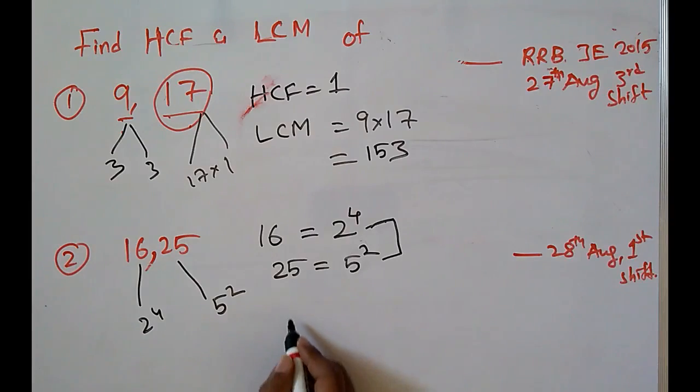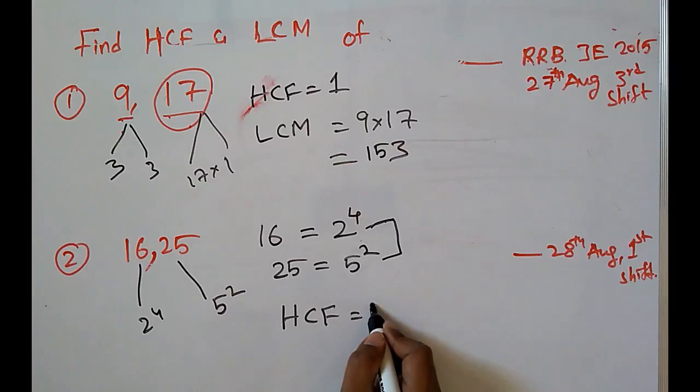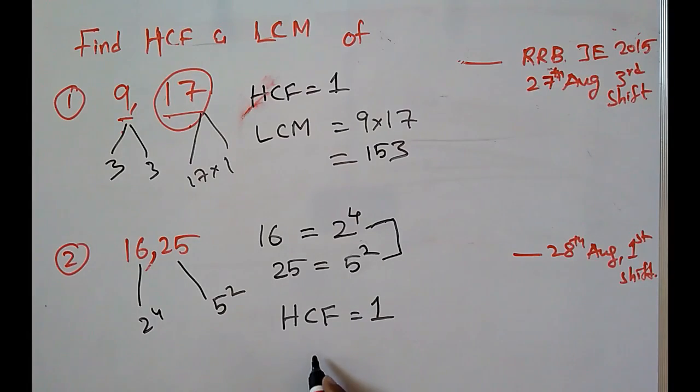Obviously for HCF you will be getting 1 as the highest common factor, and LCM is nothing but the multiplication of 16 and 25, which is nothing but 400. So the HCF and LCM are given by 1 and 400 respectively for 16 and 25.